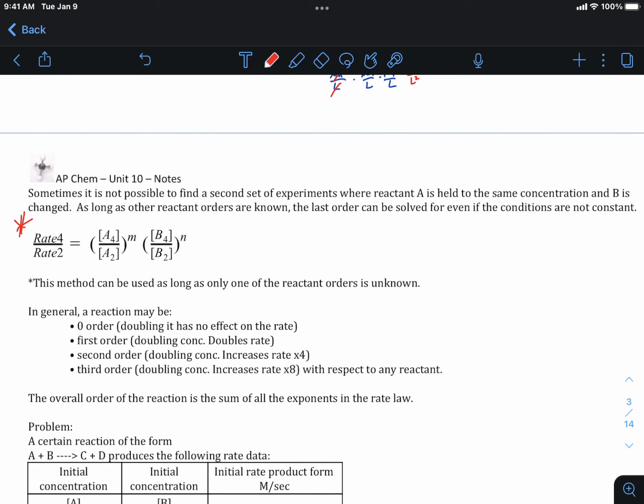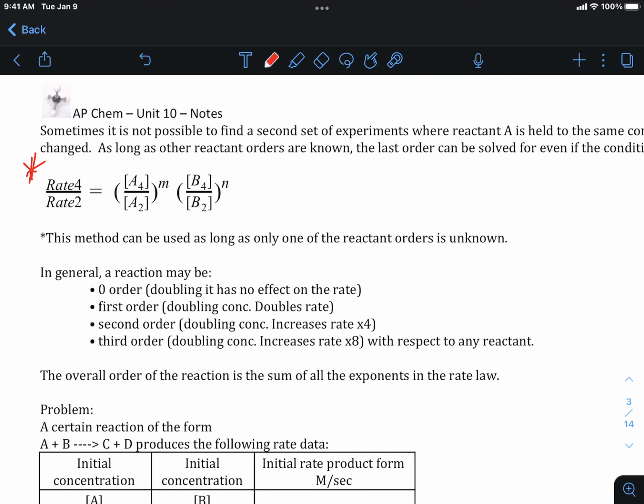Okay, this method, in general, here's what the orders mean. If something is first order, meaning the exponent is 1, if you double the concentration, the rate doubles. If something is second order, if you double that concentration, the rate should increase fourfold, or 2 raised to the second. If something is third order, doubling it increases it 2 raised to the third, or in other words, 8 times.